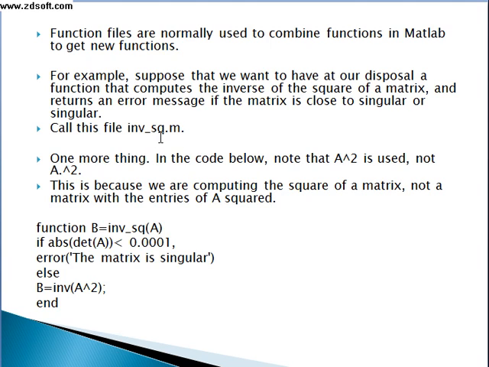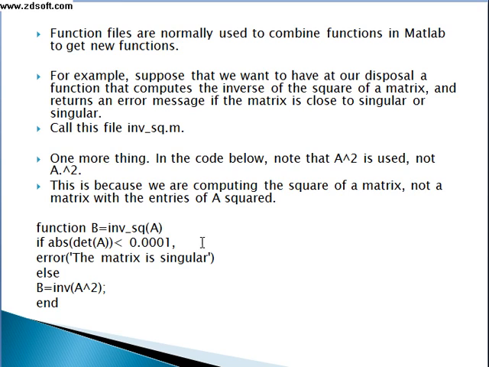I use this name as it is calculating the inverse of the square of a matrix. One more thing, in the code below note that a to the power 2 is used, not a dot to the power 2. Dot is used in the case where we want to do calculations entry by entry, element by element. Here I do not want to do that. I am considering the whole matrix as one and then doing the calculation. This is because we are computing the square of a matrix, not of an element.